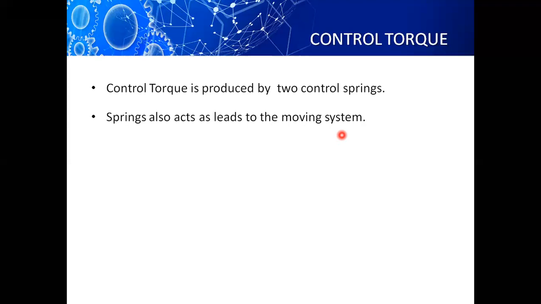Hence, here also for a dynamometer type, we have a moving coil, but instead of a fixed permanent magnet as we had in PMMC, for this dynamometer type moving coil system, we have two coils to produce magnetic field. That means here, instead of a permanent magnetic field, we place our moving coil system in an electromagnetic field.